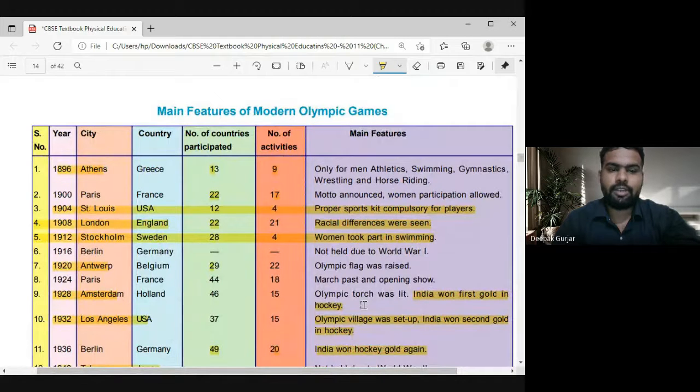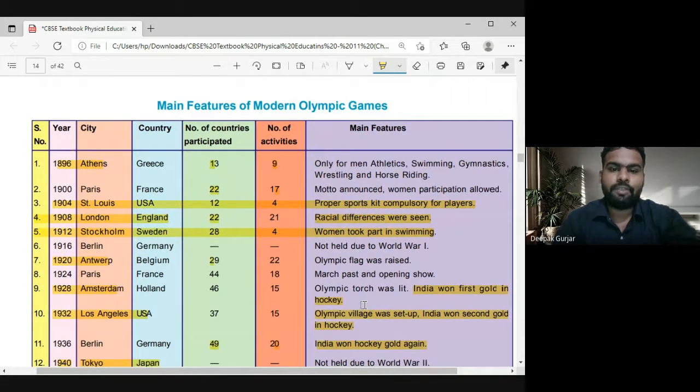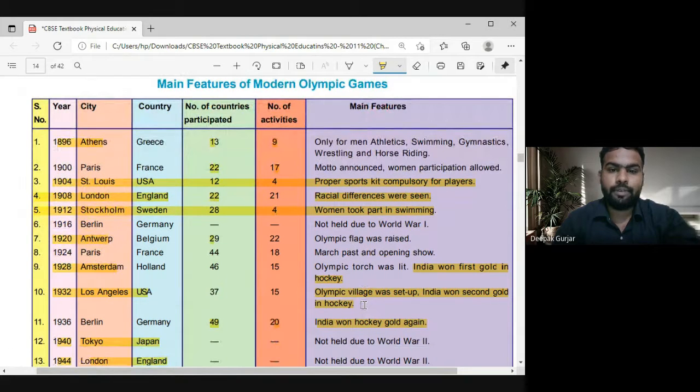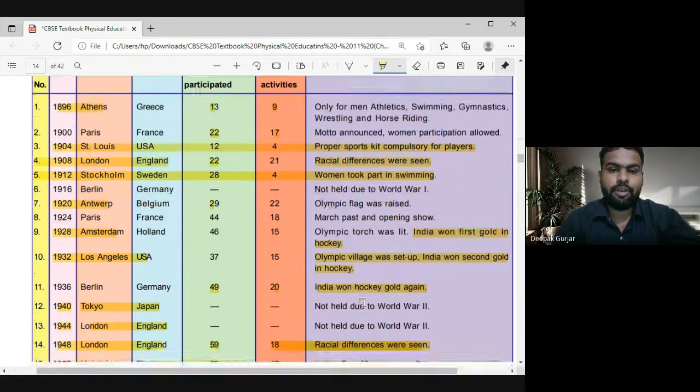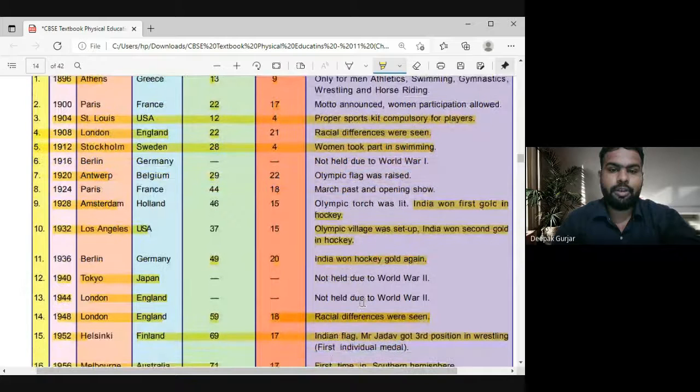From 1896, females started to participate. There were no modern Olympics in 1940 and 1944 because of World War One and World War Two, right? The march past was in 1924, and in 1920 the Olympic flag was raised, because it was already made in 1913 by Baron Pierre de Coubertin, the father of the modern Olympic Games.